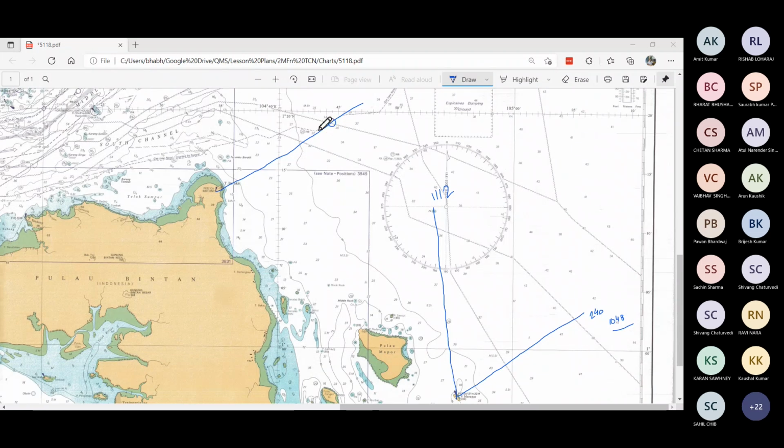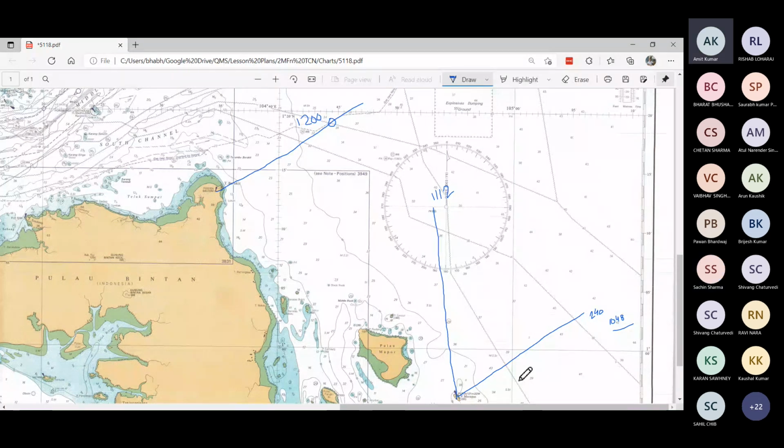What is the third time, beta? 1200 hours? Correct, sir. Okay, so let's write it here. There is a fix given at 1200 hours. I have just put the information available here. They want us to find out the course steered, no, the course steered is given. They want us to find out the set and rate of the current, right, beta?